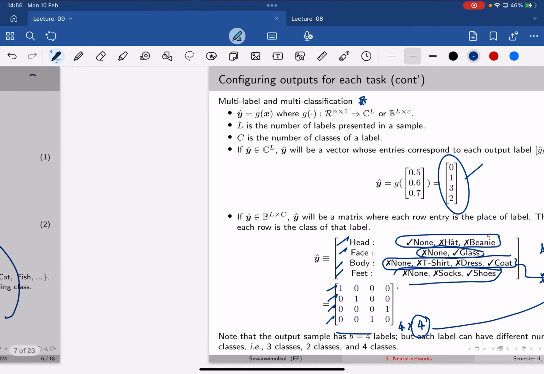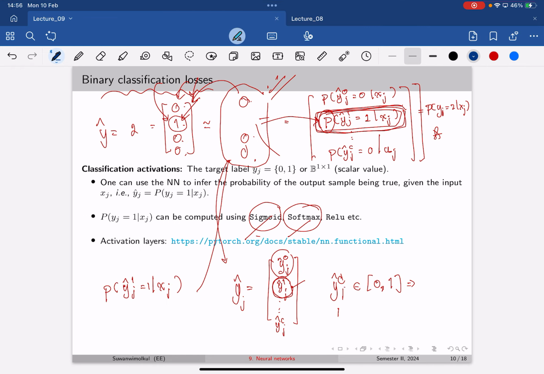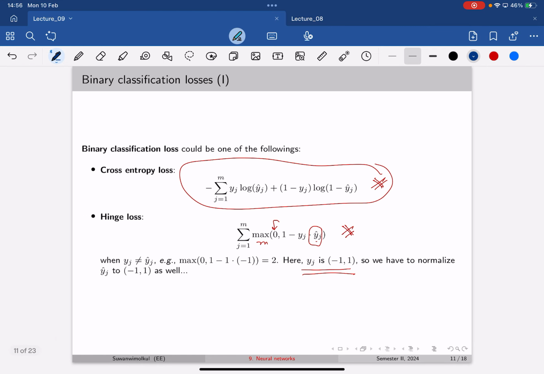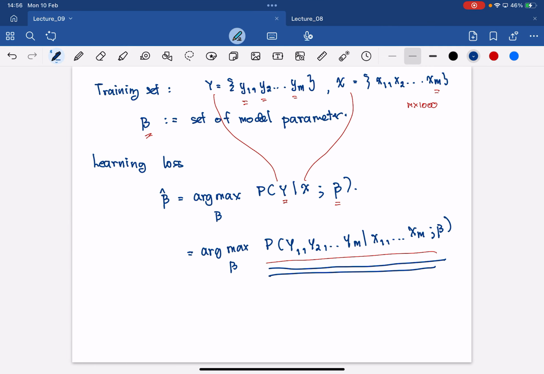Okay. That will be our main target today. Let's say we have a training set where we have the measurements representing the labels, up to m samples, and we have x as our inputs.